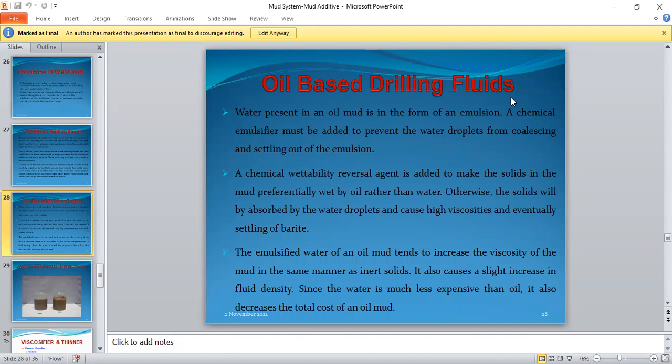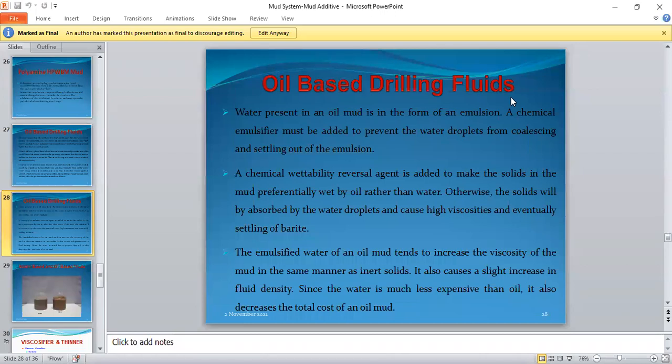But in this case, we have more oil than water. The oil fraction is not able to handle all the solids you're going to put. As such, we have what we call a wetting agent. We put the wetting agent so that the solid chemicals we put will be able to stay in the mud, such as barite.